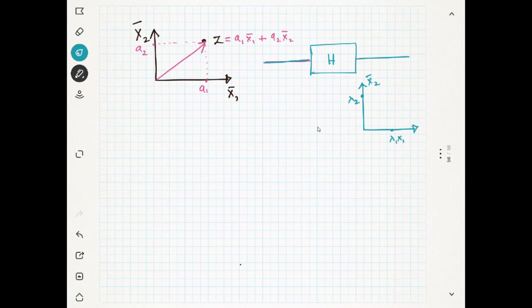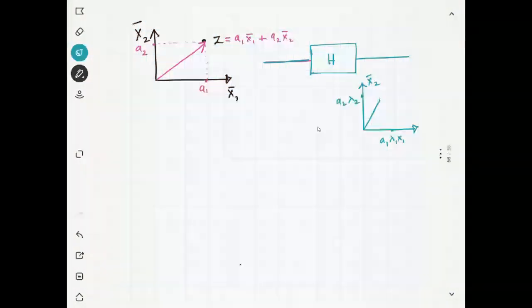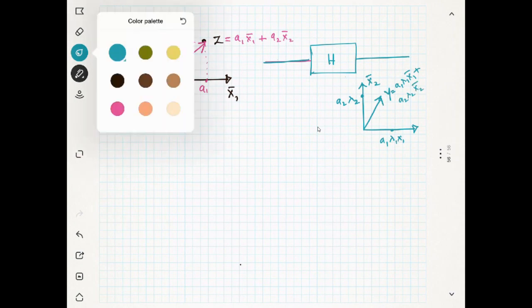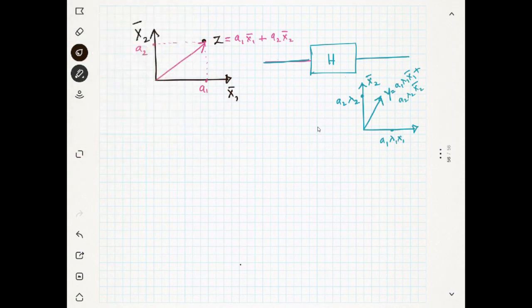But for this particular input, you will get a1 multiplied with lambda 1 and a2 multiplied with lambda 2. This is your y: y will be equal to a1 into lambda 1 into x1 bar plus a2 into lambda 2 into x2 bar. Do you agree with this representation? This is the beauty.